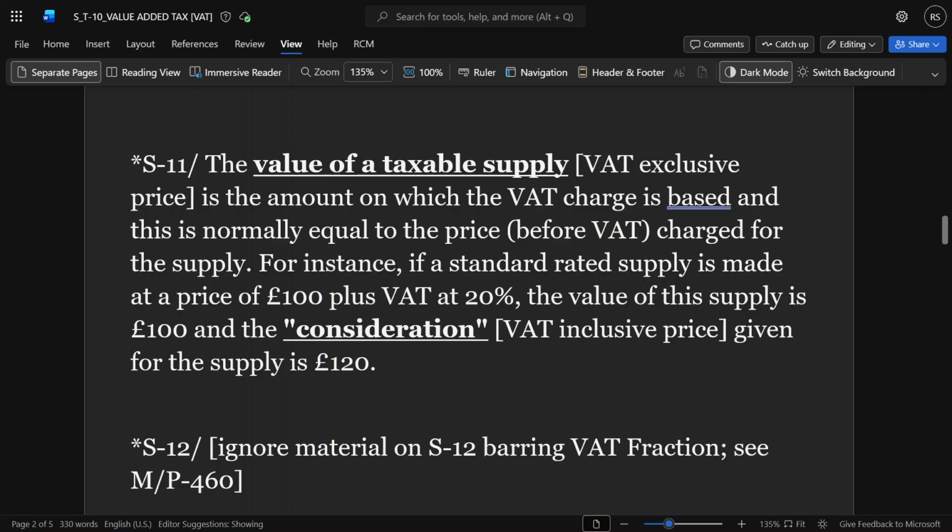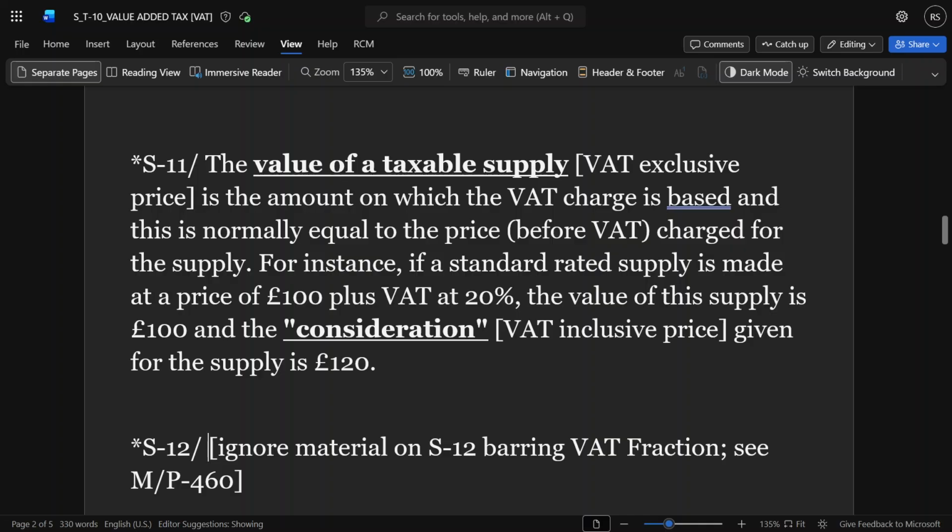If you remember consideration from your previous semester, how did we define it? It is the total loss or detriment that you have to give up or suffer in order to get the other party to the contract to perform or agree to perform his part of the promise, right? So it is whatever you're parting with fully.